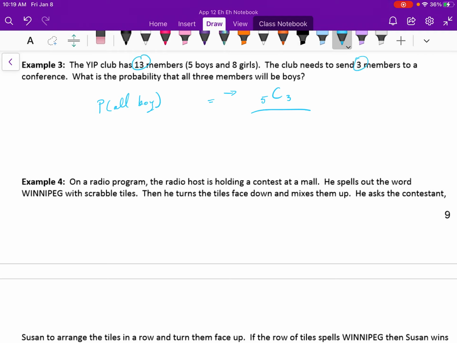We have 13 members, and we're sending 3 away, so we choose 3 members out of a total of 13, regardless of boy or girl, which is 13 choose 3. And when I take out my calculator, I get 10 over 286. Naturally, I could reduce that, but I don't need to.